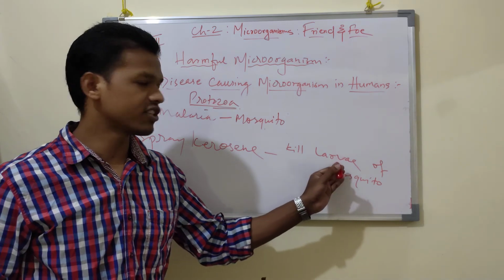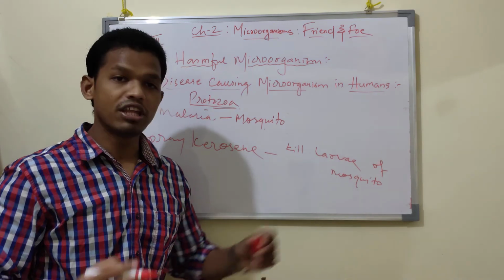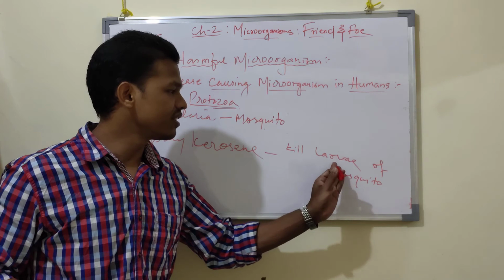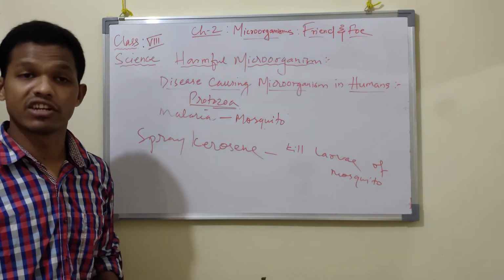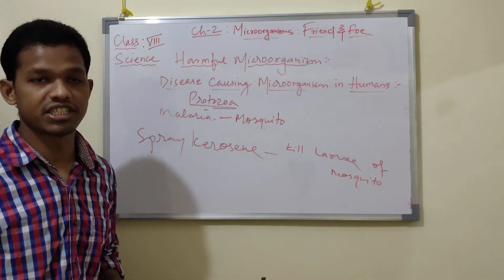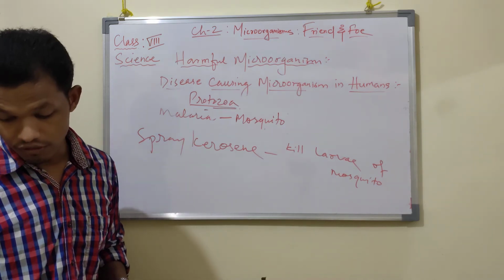The larva stage is before they lay eggs. So killing the larva of mosquitoes will reduce the multiplication of these mosquitoes.